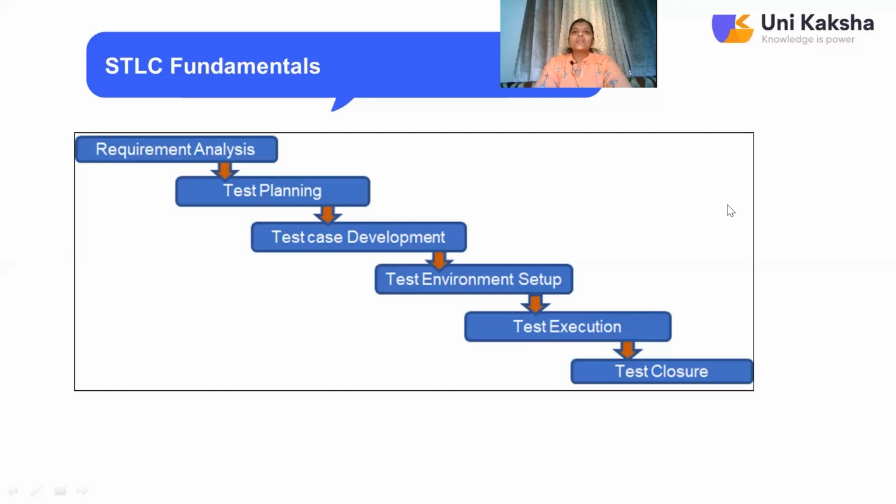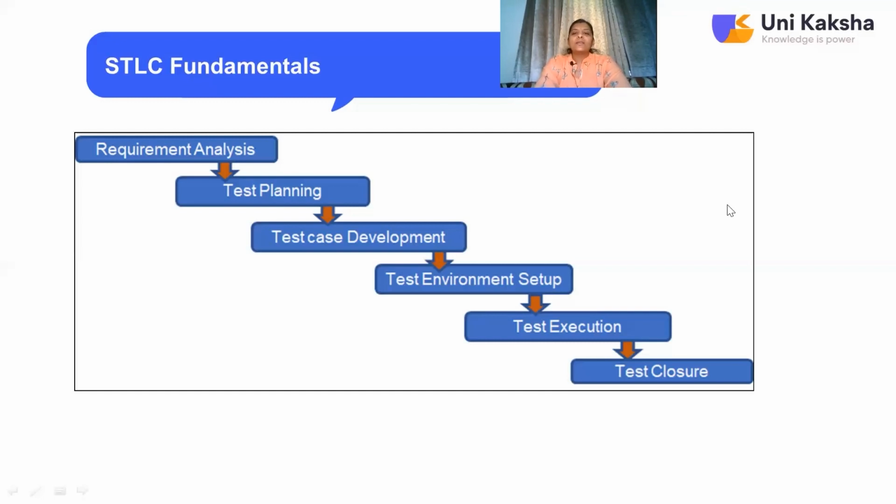Now, the next thing is test execution. After the test case development and the test environment setup, the test execution step gets started. In this phase, the testing team starts executing the test cases based on the prepared test cases and the conditions from the earlier steps.